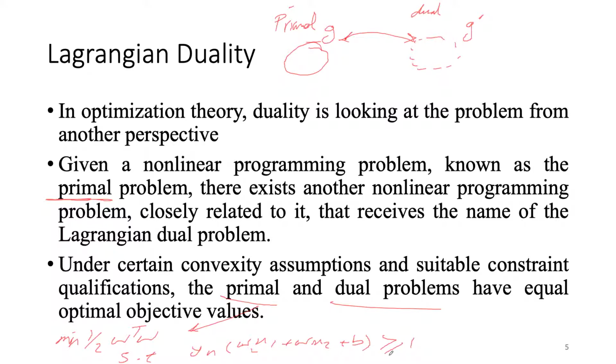So by applying this Lagrangian duality, so it's a function, you can transform this into a dual form. And I'll show it in the next slide. And we know that under the assumption of convexity, both problems will have the same optimal objective values, right? So this is an important property we can use here for SVMs.